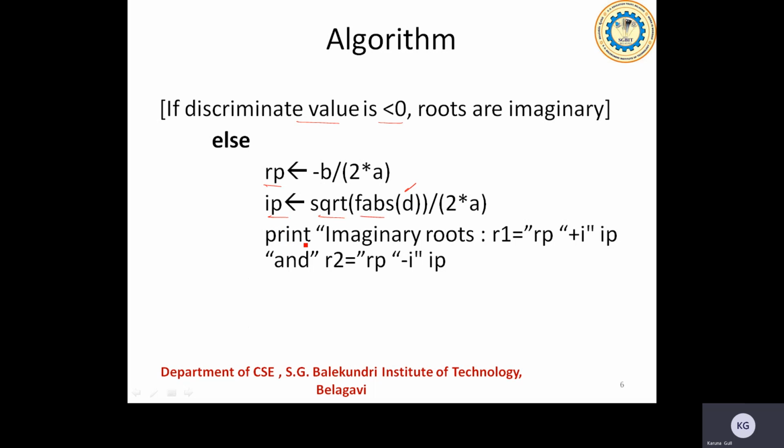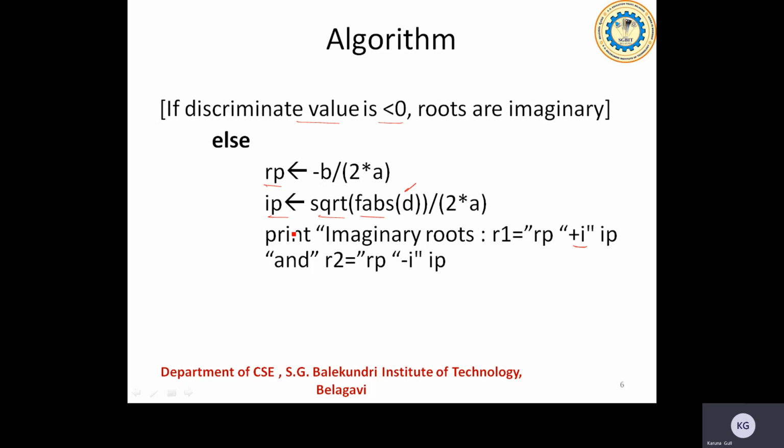Then it's my duty to print these values as the roots in the right manner. So imaginary roots. We already know if discriminant is less than 0, we got the imaginary roots. Therefore, I'll be writing root 1 as the real part plus i to represent the imaginary part, right?